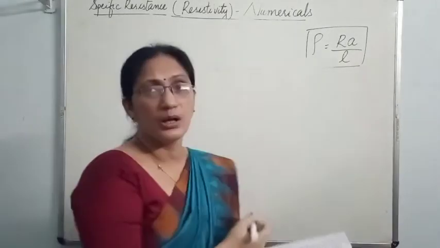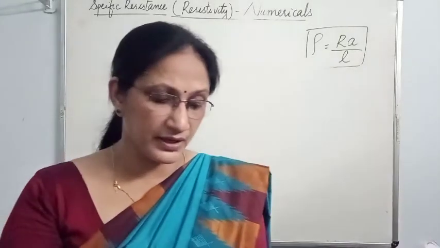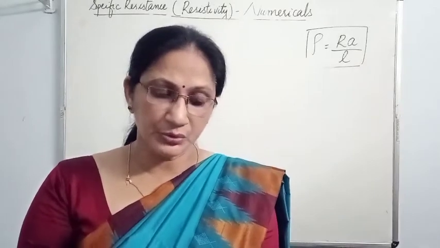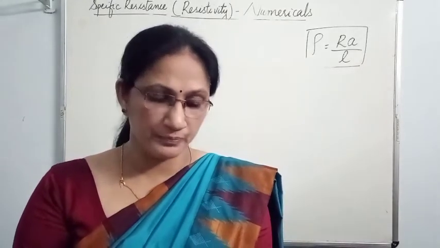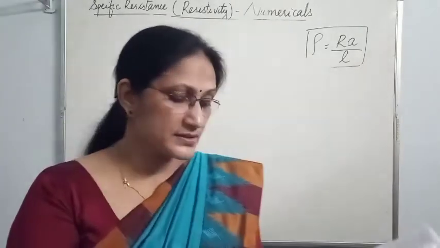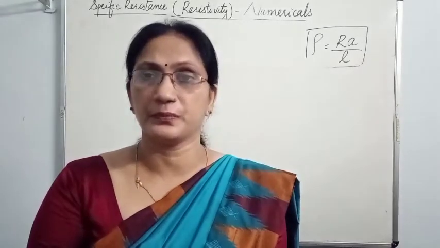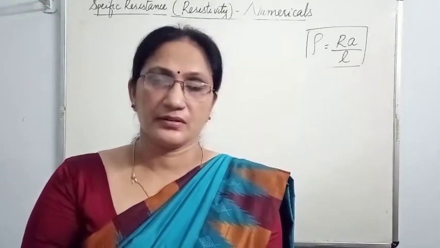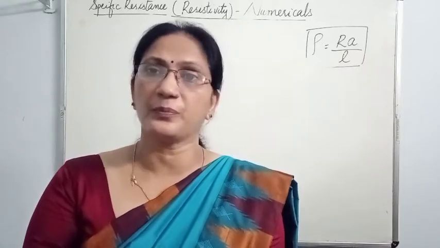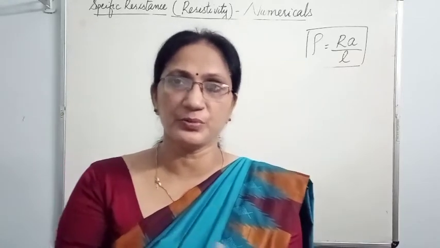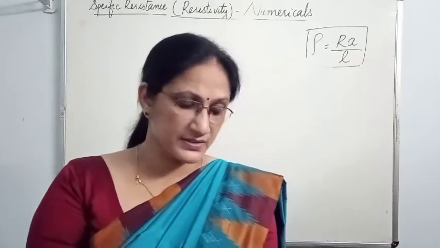Use the formula rho is equal to RA by L. R is here 2 into 10 to the power minus 4 ohm, and A is here radius is given 3 millimeter. That means 3 into 10 to the power minus 3 meter. Convert into meter.